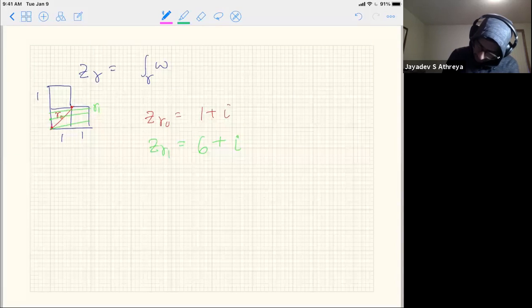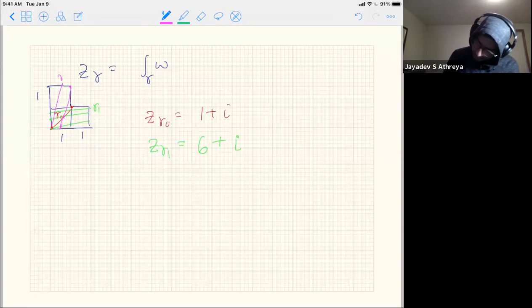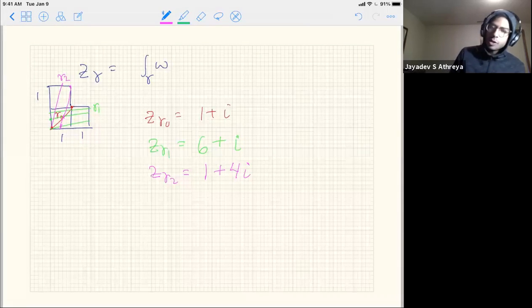Then let me draw you one more. Maybe I go halfway across there, and then I come down here, and I go halfway across, and then I go like that. So this would be this pink one, let's call this gamma 2. Z gamma 2 will be, well, I went across 1 and I went up 4, so 1 plus 4i.